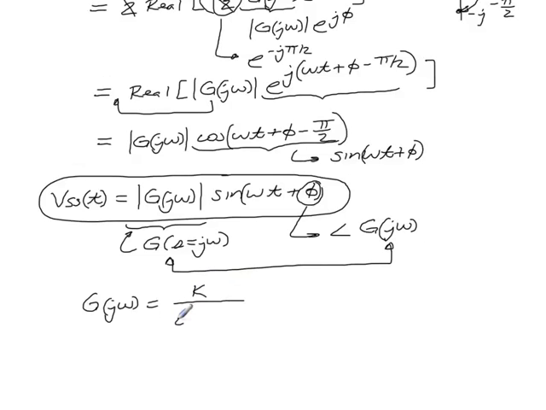I have τjω plus 1. So that's K over 1 plus jτω. In order to get this in real and imaginary parts, I multiply top and bottom by 1 minus jτω.